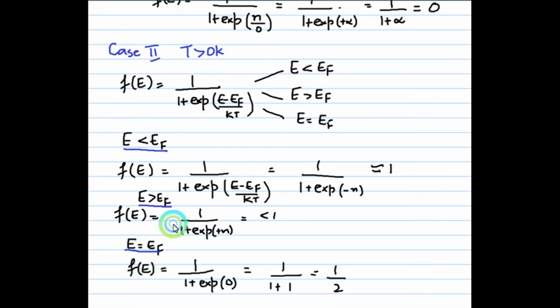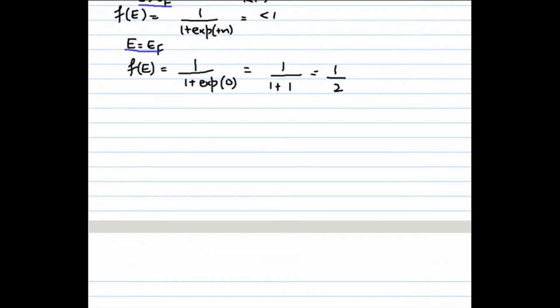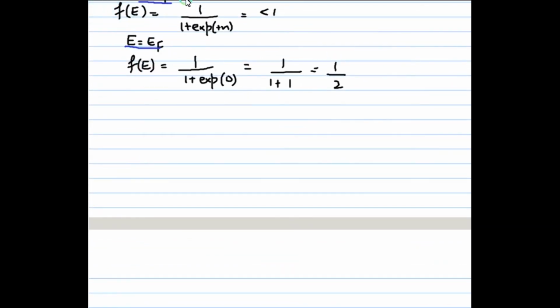Now we have two conditions, for temperature equal to 0 and for temperature greater than 0, and the different cases for the comparative values of the energy, whether the energy is greater than EF or lesser than EF, right? Now let's try to sketch it up.